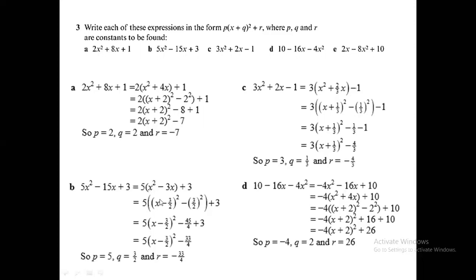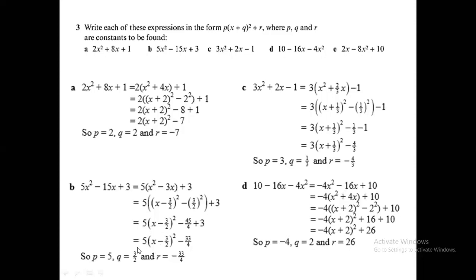Then 5 into x minus 3/2 whole thing squared, minus 9 into 5 is 45 divided by 4. Write the constant term over here. Then after that you can simplify. If you simplify minus 45/4 plus 3, take your calculator and simplify, you will obtain the answer minus 33/4. Therefore, p is equal to 5, q is equal to minus 3/2 actually.